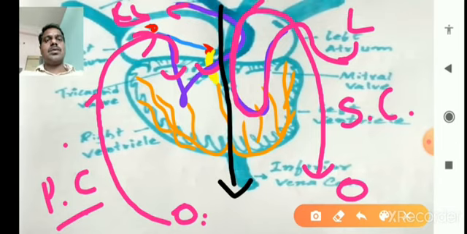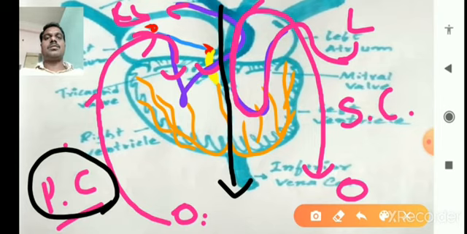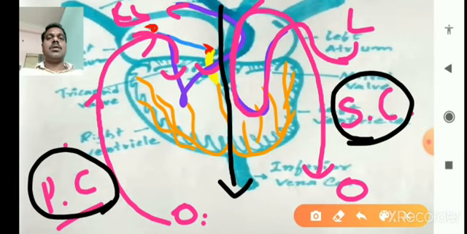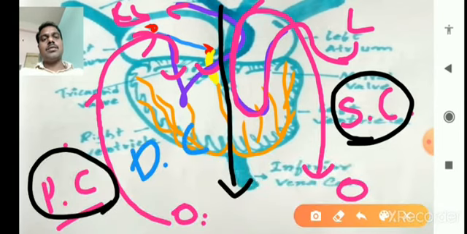So one heart transfers two types of blood. That's why we call it double circulation. The pulmonary circulation is present from the heart to the lungs, and the systemic circulation is present from the lungs to the heart to the organs. So this is called double circulation.